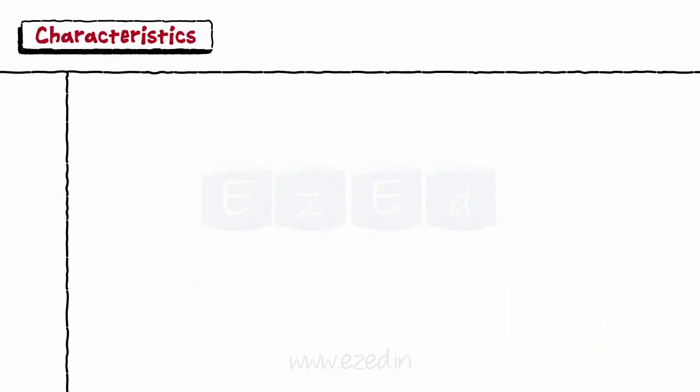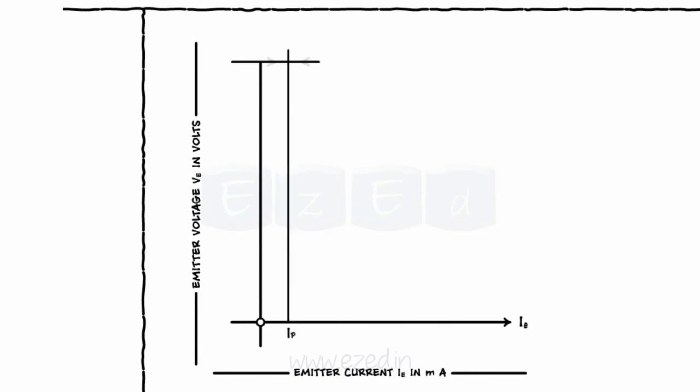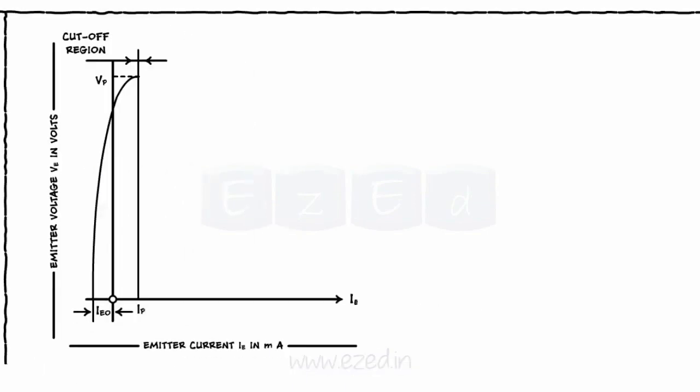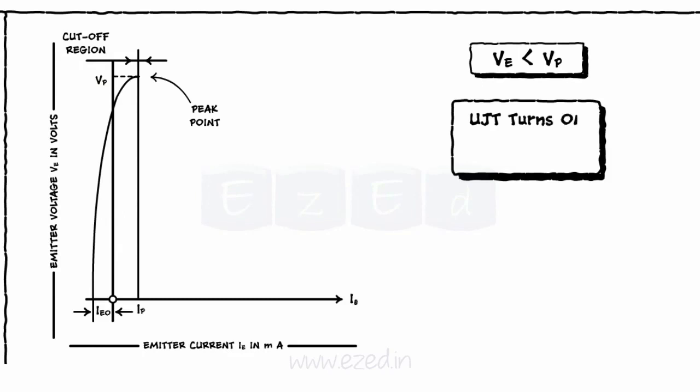Based on this working, the characteristics of the UJT are plotted as emitter voltage versus emitter current as shown. Till the peak point emitter voltage, only reverse emitter current flows through the diode and hence the UJT remains off in the cutoff region. But as soon as the emitter voltage reaches the peak point value, the UJT turns on and the emitter current starts to increase.